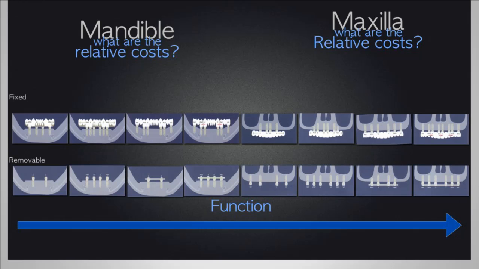In terms of function, we discussed this again, where the different papers have looked at the amount of function that you can get. And interestingly, the amount of function tends to go up in relation to the number of implants, as well as the rigidity of the connection. So, for instance, if you've got a 2 implant locator overdenture, that will move around a lot more than a 6 or 8 implant fixed bridge.